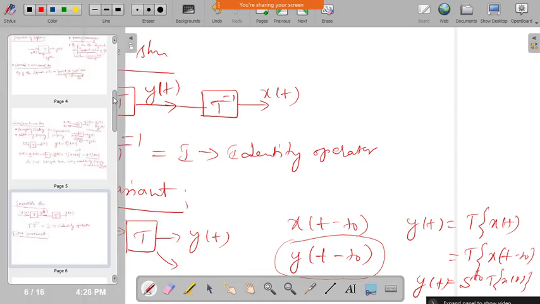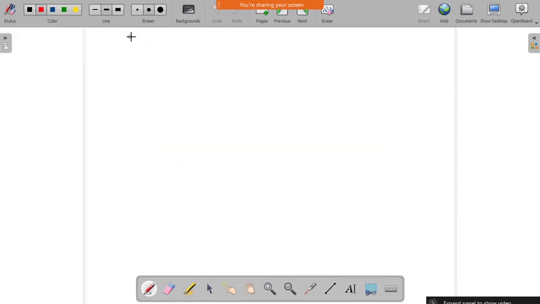Now similarly, the last one, which is the stable system. When can we call the system stable? This is an important property of a system.